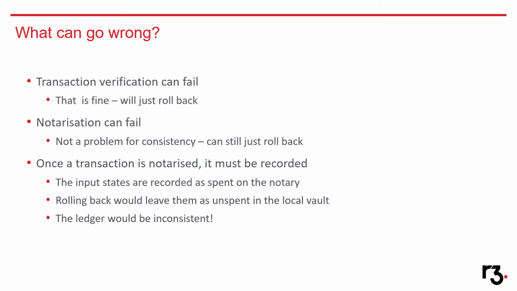So literally we have dead states that can't be used. Any value attached to these states is lost. It can't be accessed anymore because we can't spend them. It's impossible. And that means the ledger will be inconsistent because different nodes, i.e. the notary and our node and everyone else, disagree on the status of these states.